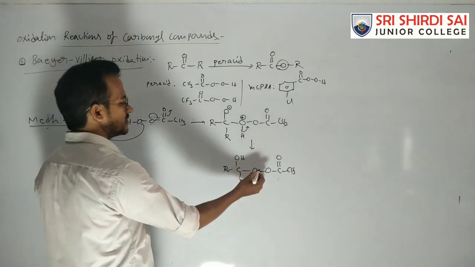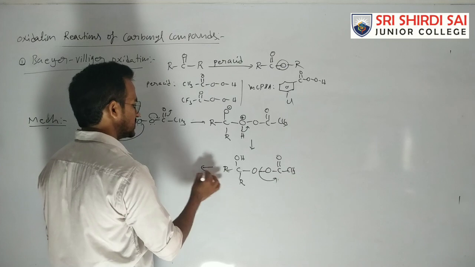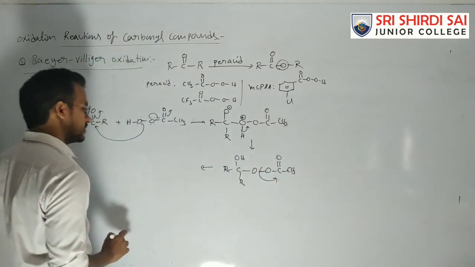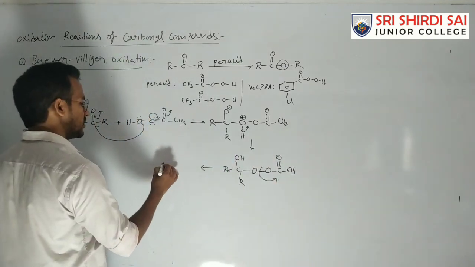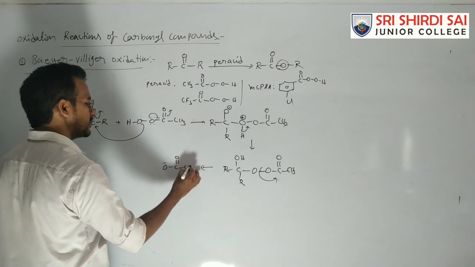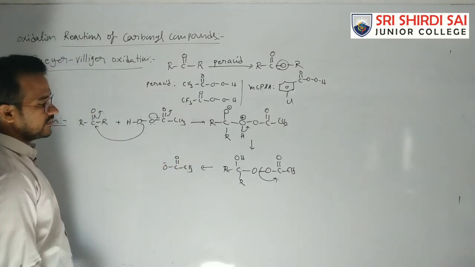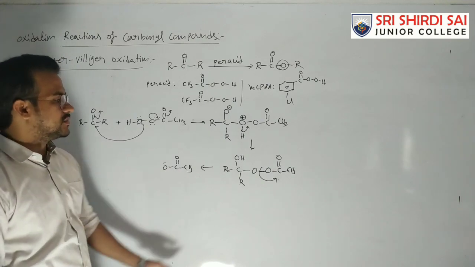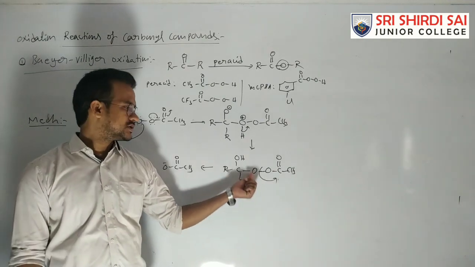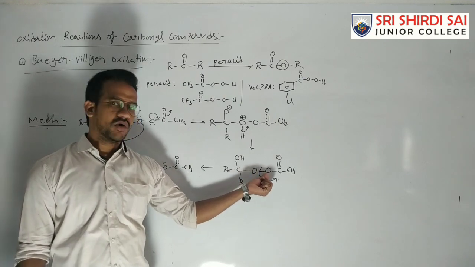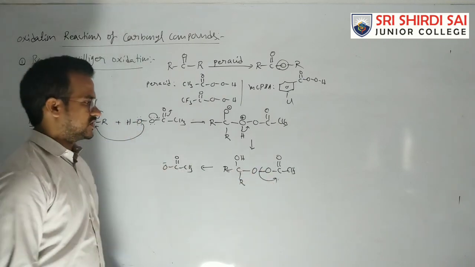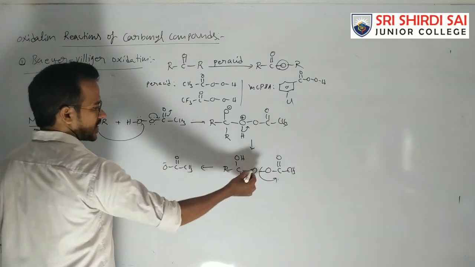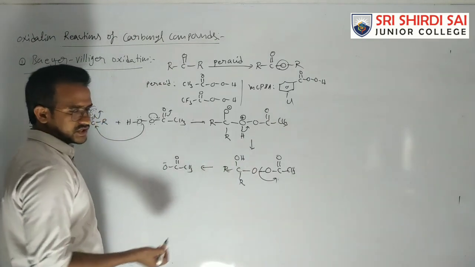So breaking of this peroxy bond takes place because there is a good leaving group. What is the leaving group here? The acetate ion, O minus, C=O, CH3. It is a good leaving group, stabilized by resonance. By the breaking of this oxygen bond, this oxygen carries a positive charge and this oxygen carries a negative charge. So this oxygen becomes electron deficient.